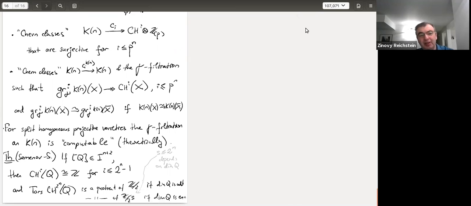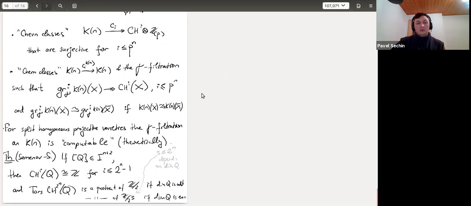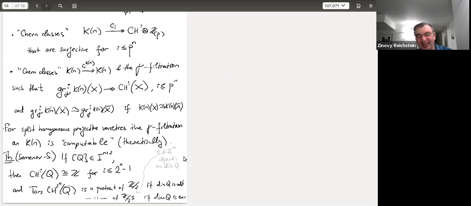So the statement that the torsion is a quotient of Z mod 2 should be interpreted as there is one particular class that may or may not be trivial. Yeah, definitely. Okay, thank you.